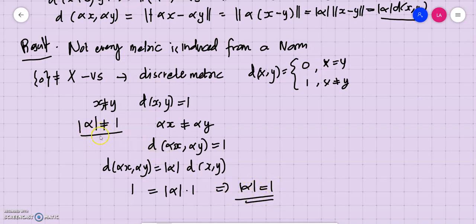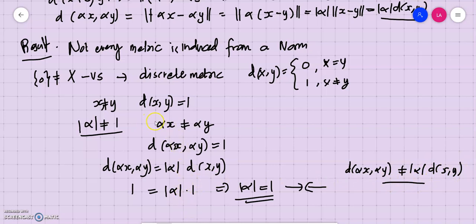since we have already chosen alpha to be a real number or a complex number which satisfies modulus of alpha not equal to 1. So this is not true, which means that d of alpha x, alpha y is not equal to modulus of alpha into d of x,y in the case of the discrete metric.